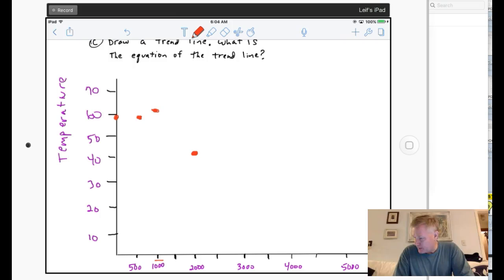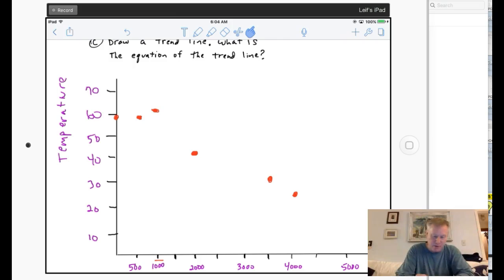The next one I got is 3,500 and 29.8, so that's pretty much 30. About here. And the next one is 4,026.2. 26.2, somewhere around here. All right, so there's my points.